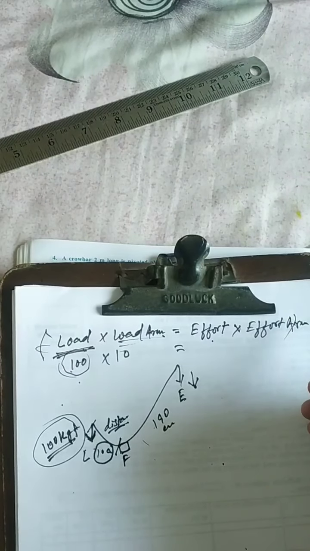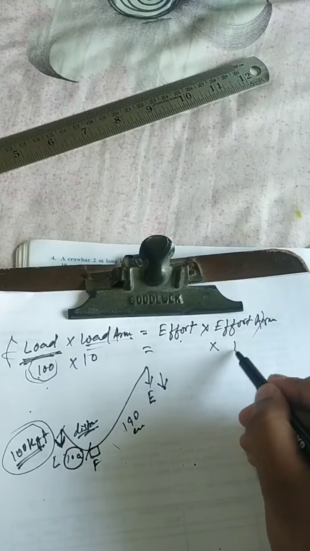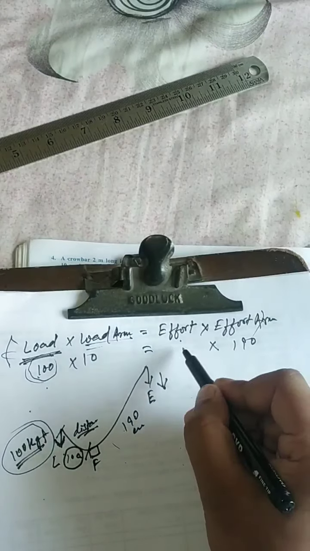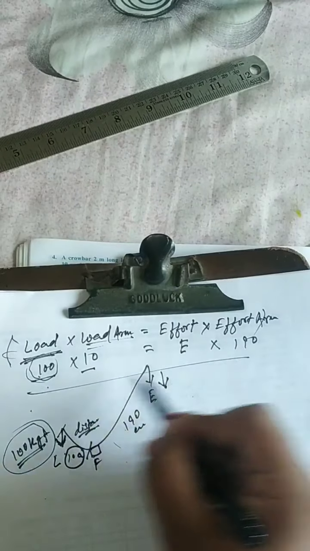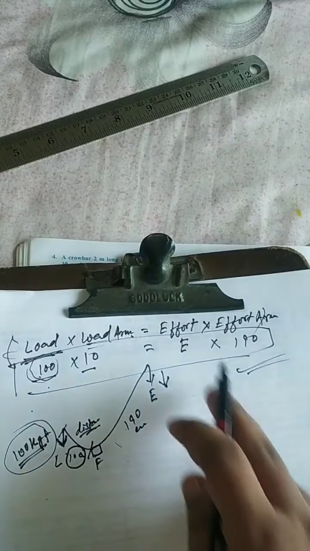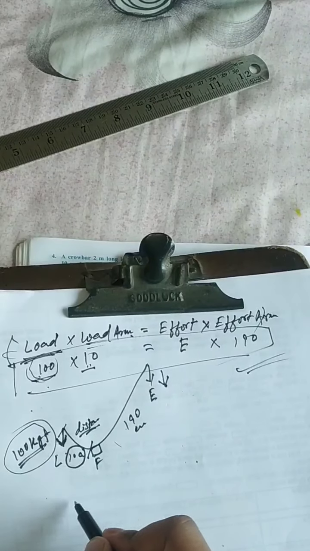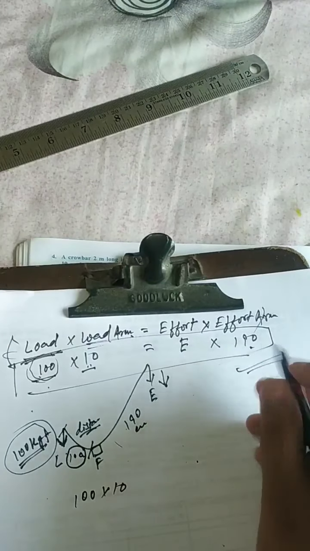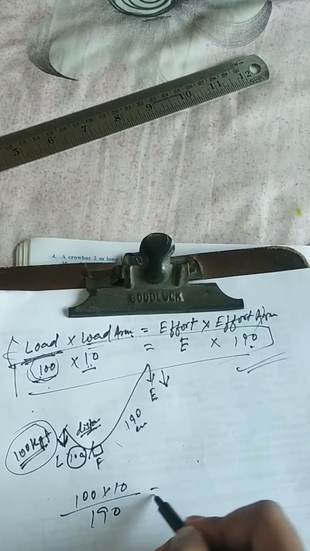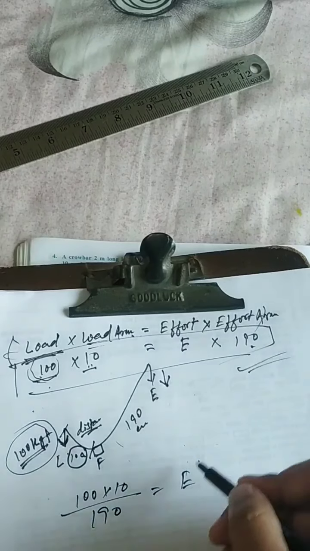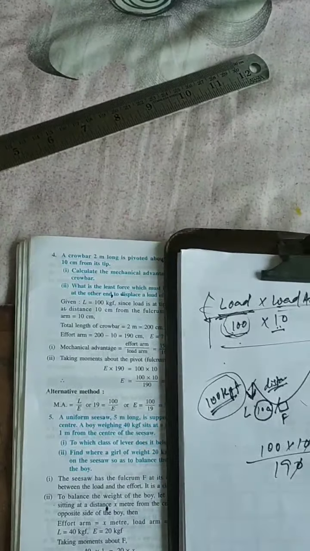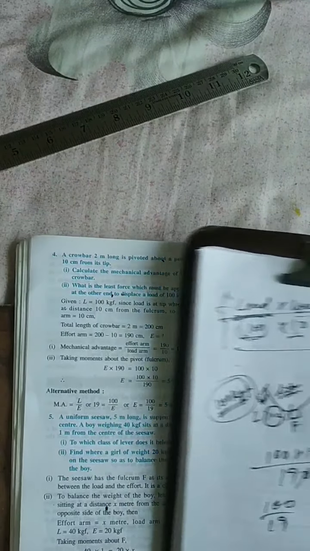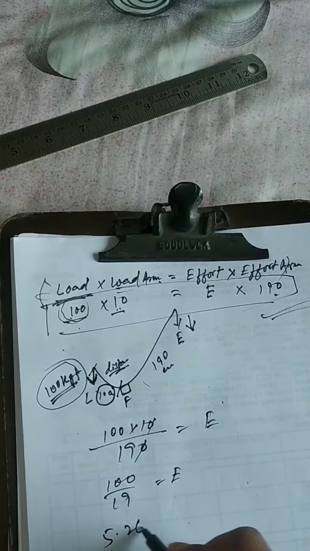Effort arm is given as 190. So we get the value of E: 100 into 10 on top, and 190 goes down. So E equals 100 by 19. If you calculate, we get 5.26 effort.